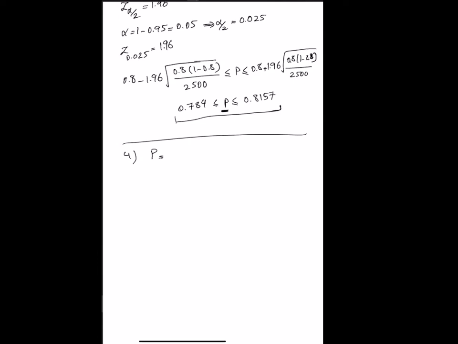P that we don't know is 289 over 350. Okay, so the P that we are looking for is proportion of people who reacted successfully to the new method.